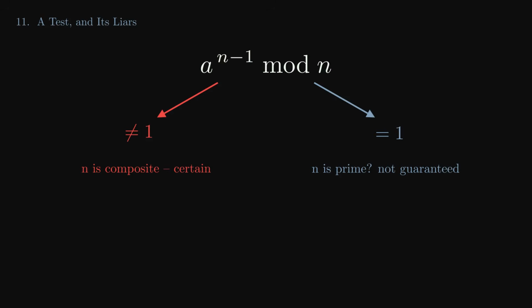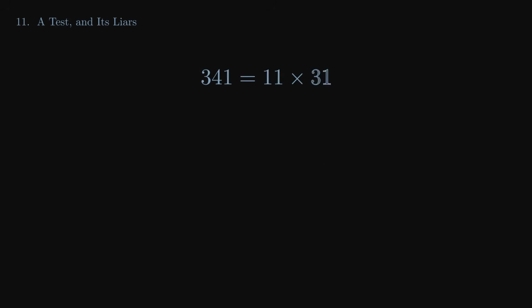There are composite numbers that pass the test anyway, imposters that satisfy Fermat's congruence without being prime. The number 341 is the first. It equals 11 times 31, yet 2 raised to 340 is congruent to 1 modulo 341. To base 2, it looks prime. It is lying.